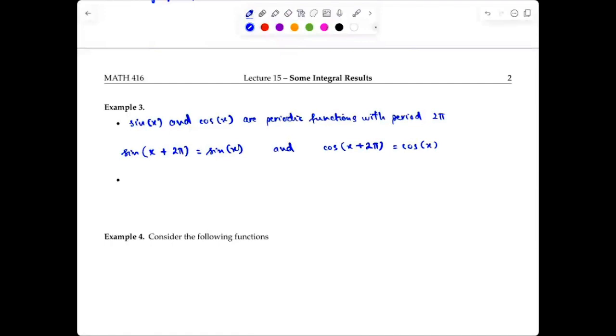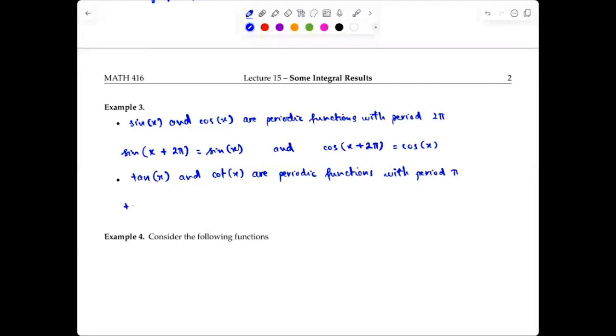Tangent and cotangent are also periodic functions, but they are periodic functions with period pi. So tangent of x and cotangent of x are also periodic functions with period pi.